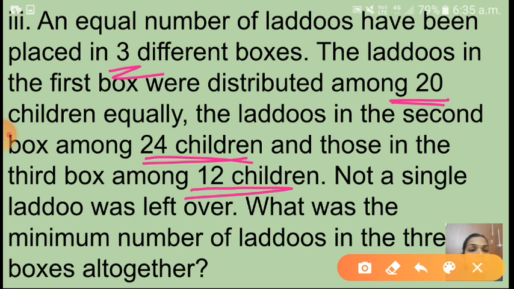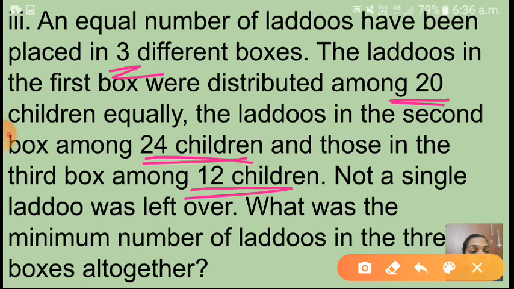Understood, children? See here, one more time I will read. 3 boxes are there, and an equal number of laddus have been placed in the 3 boxes. The laddus in the first box were distributed to how many children? Yes, 20 children equally. The second box laddus were distributed to 24 children, and the third box laddus were distributed to 12 children equally. So not a single laddu was left over. Your question is, what was the minimum number of laddus in the 3 boxes altogether?